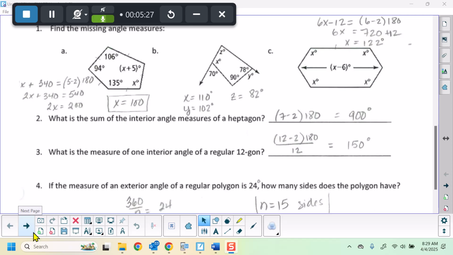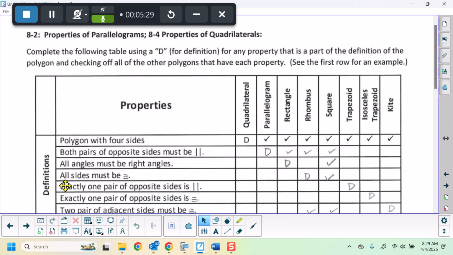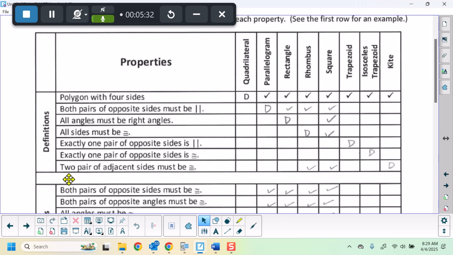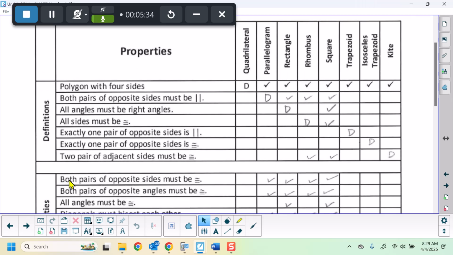Okay, page 2. These properties, and you've had so many different ways to process this information. List it all, list just the most specific. This one was kind of cool because it asked you to talk about which of these indicators counts as a definition. So our definition of quadrilateral is a polygon with 4 sides.